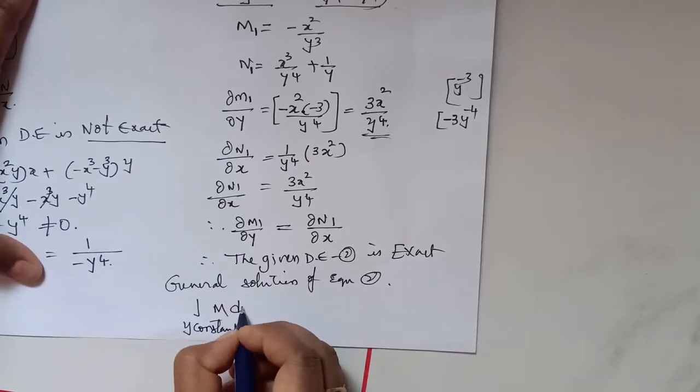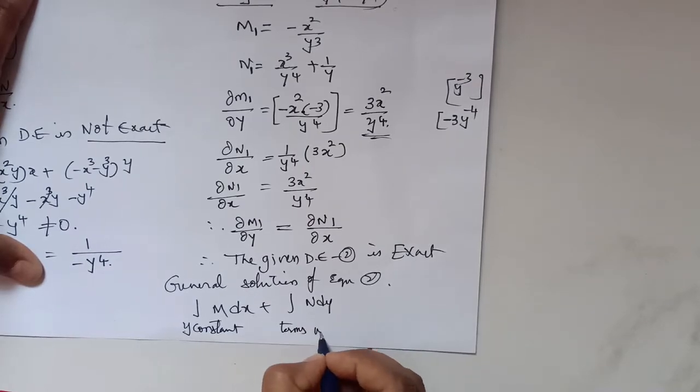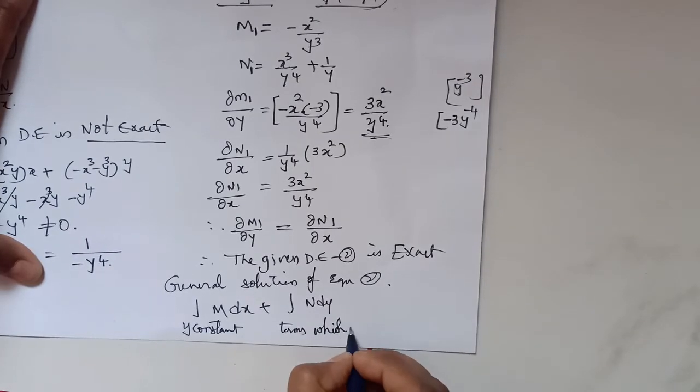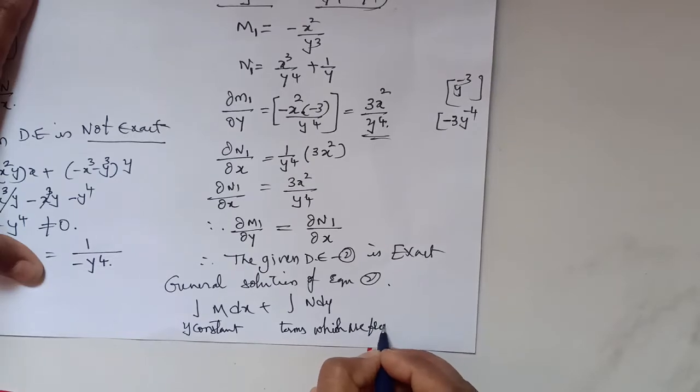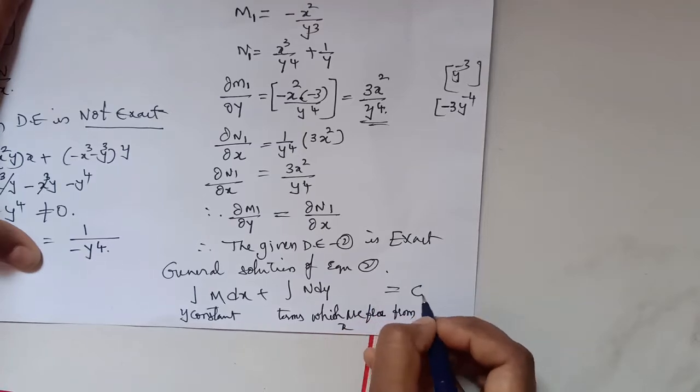m dx plus integral n dy, terms which are free from x, is equal to c.